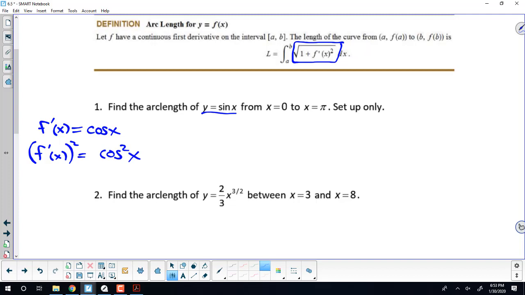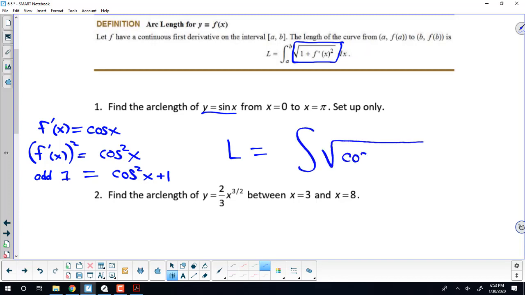And then we have to add 1. Okay, so all of that stuff you end up with has to go under the radical. So the arc length is the integral of the square root of cosine squared plus 1 dx. And the bounds are given to us from 0 to pi.